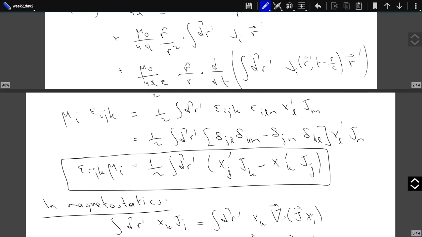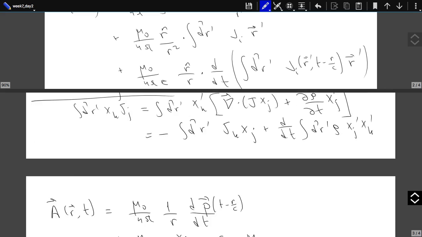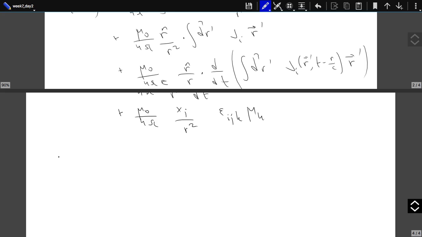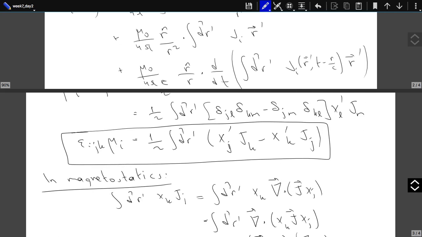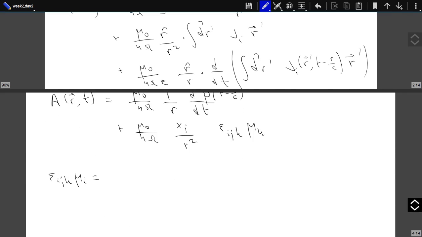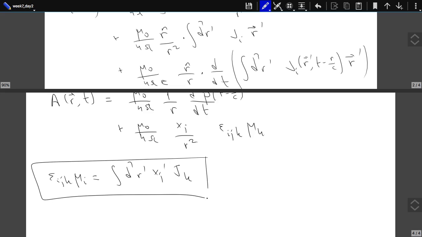You see, the result we have now is that ε_ijk μ_i is equal to ∫d³r′ x_j′ j_k. This is the result we use in magnetostatics. Now we have seen that it's also valid in electrodynamics up to the terms that we are ignoring.